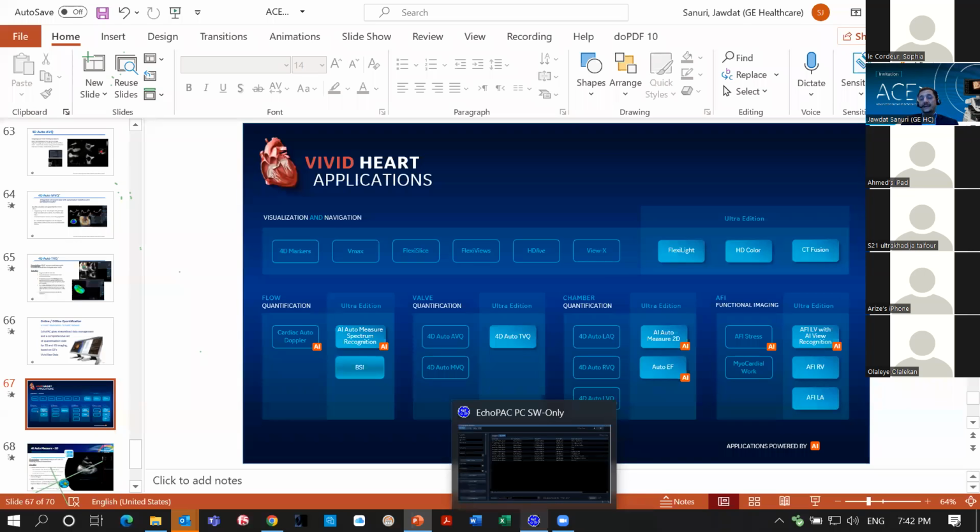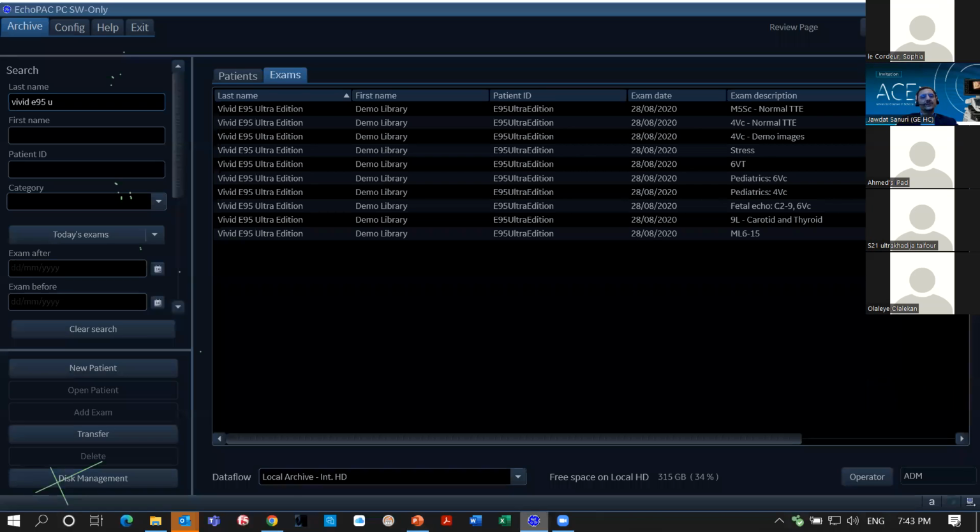I think multi-slice is very helpful in this case, as I mentioned earlier, because it enables us to see the full cross-section of the RV during the acquisition, which I hope to show in this example in a second.